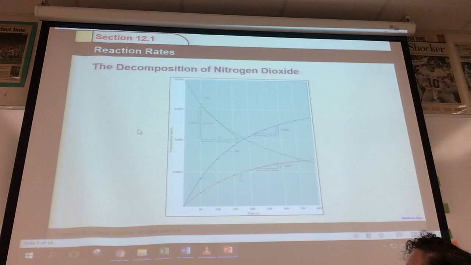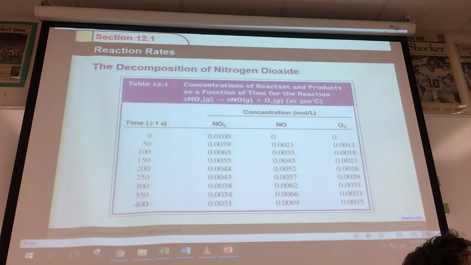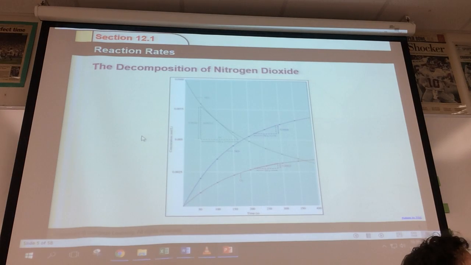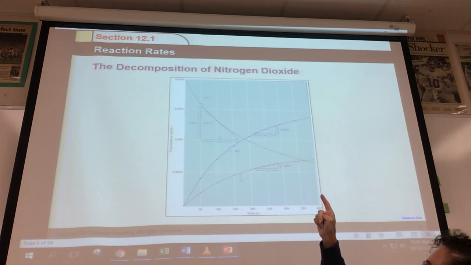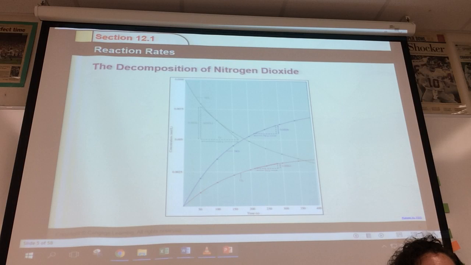If you looked at a graph such as this one, same equation that you were shown here, why is the green line, the nitrogen dioxide, going from high to low? It's a reactant. So that substance is being utilized.